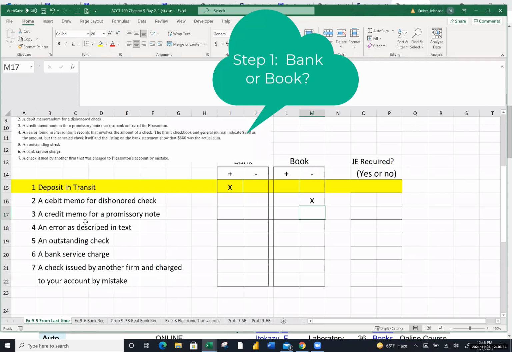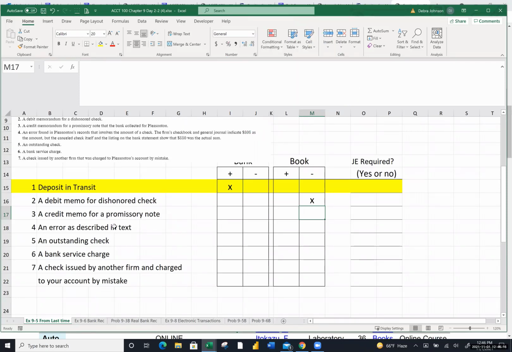Okay, number 3, a credit memo for a promissory note. Okay, there is a vocabulary word in this chapter. A promissory note is a written promise to pay a specific amount at a specific point in time. So, for example, if I was going to sell a large quantity of volleyball uniforms, let's say to a volleyball club, I could either give them an account payable or I could have them sign a promissory note.